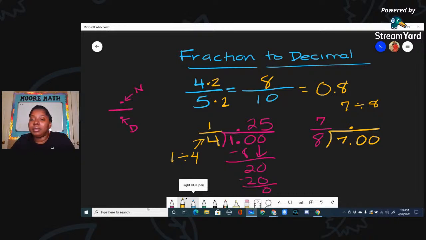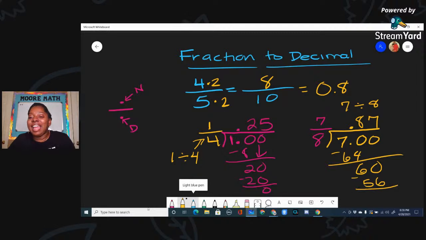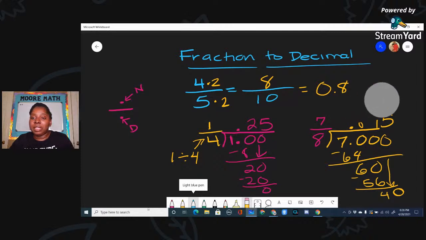How many times? 8 times. 8 goes into 60... 7 times. And 8 goes into 40. Bring down that 0. 5 times. And we would say 875 thousandths.